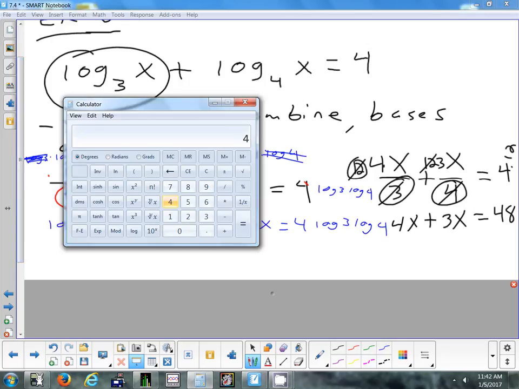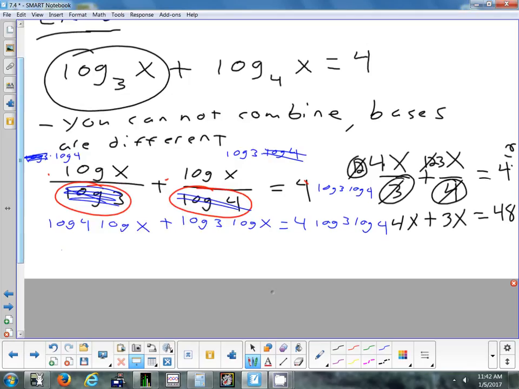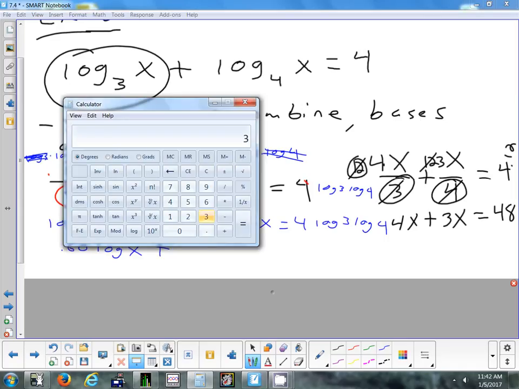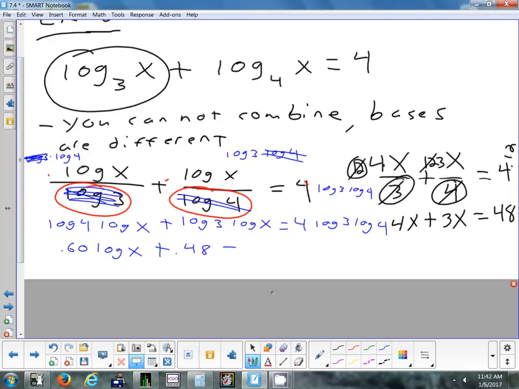The log of 4, okay, is about 0.60. The log of 3 is about 0.48. And this whole other side is just one number. It's log 3, which I just did, log 4, which I just did, times 4.